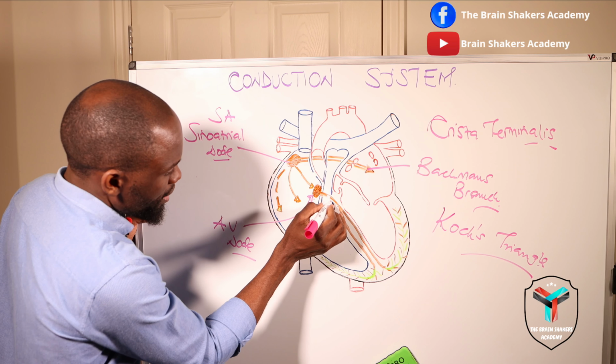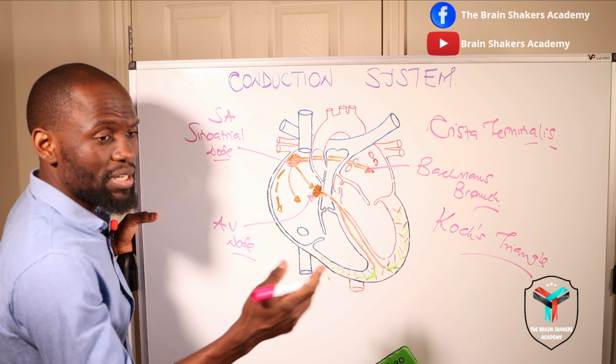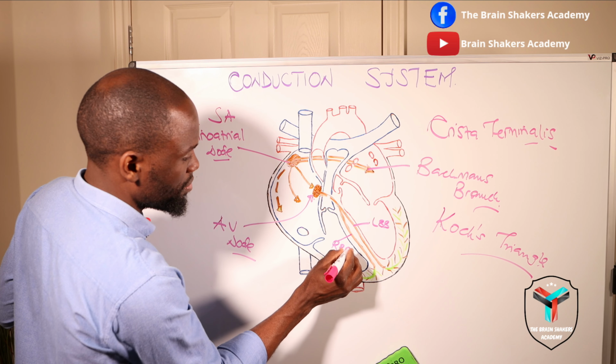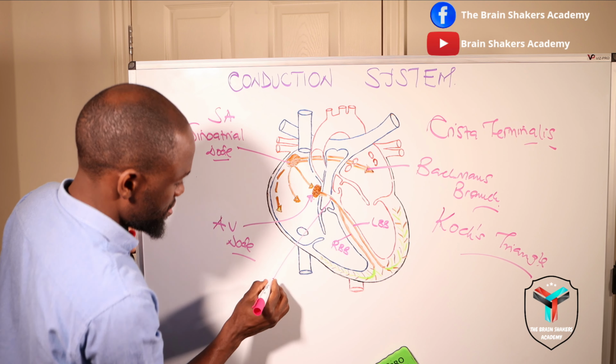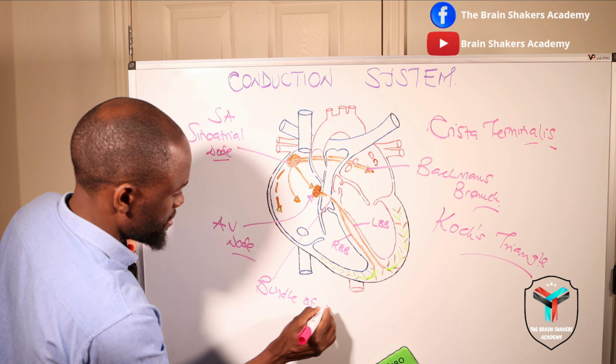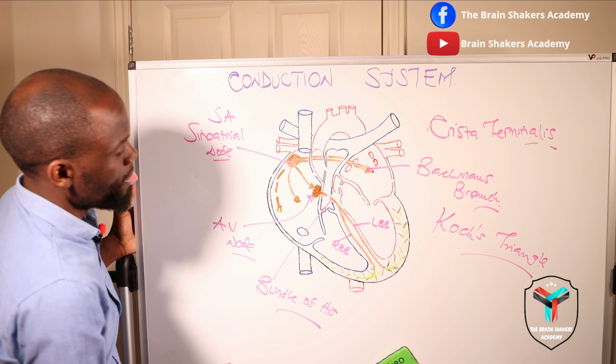The bundle of His is just a continuation of the AV node to a region where it bifurcates and gives you two branches: the left bundle branch, and the right bundle branch. This is what we refer to as the bundle of His.